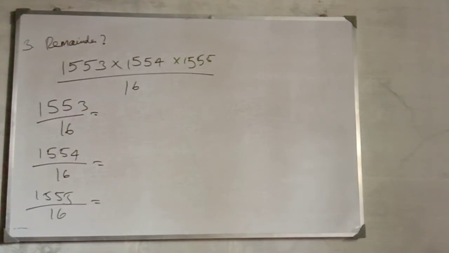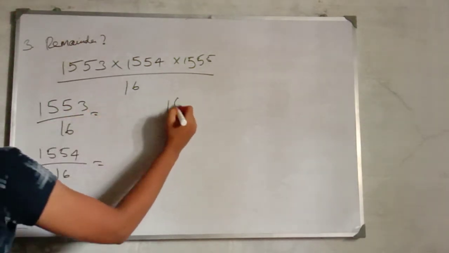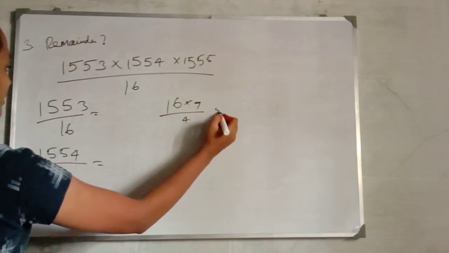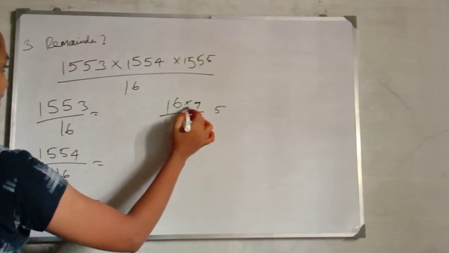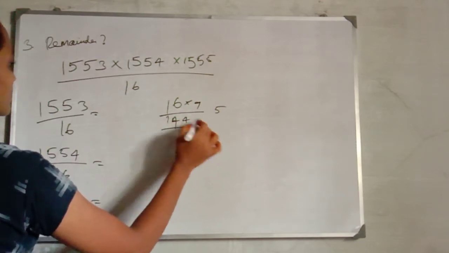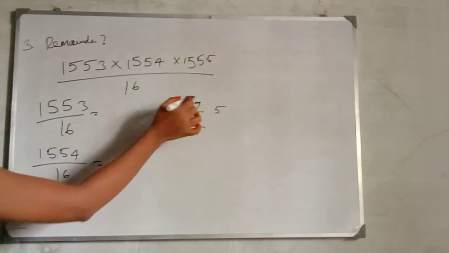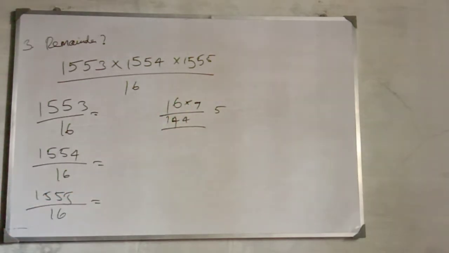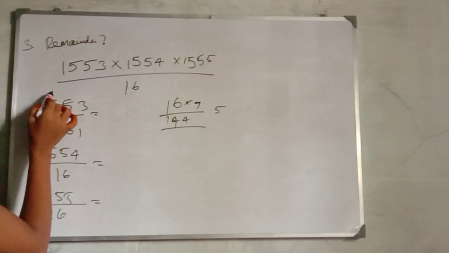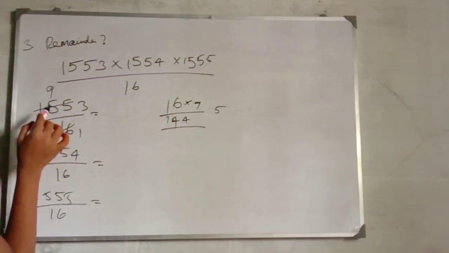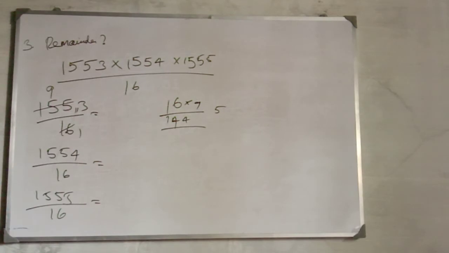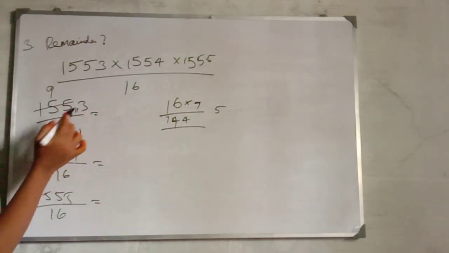What will be the answer? 16 into 9s are, 6 9s are 54. Remaining 5. 1 9 is 9. 9 plus 5, 14. So 16 nines are 144. So 113.